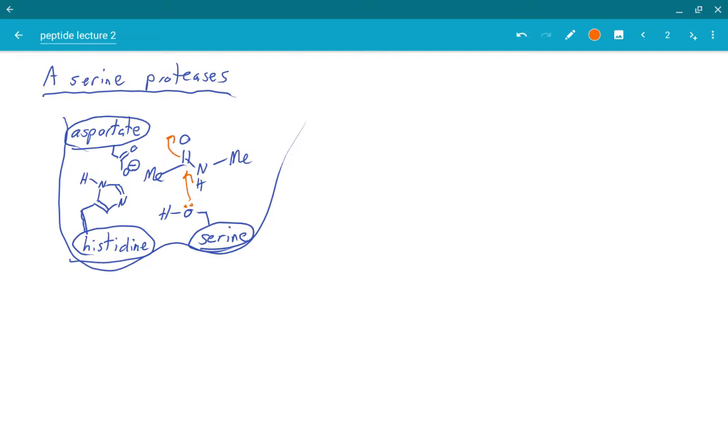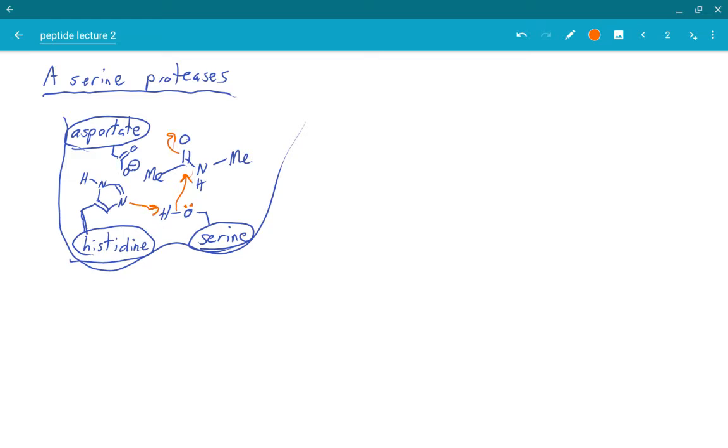That in and of itself is not enough. Serine's OH is a pretty lousy nucleophile, like alcohols and water. So I've got a Lewis base nearby that simultaneously deprotonates the serine at the same time that I'm adding it. And so maybe it would be better to draw this arrow coming from the OH bond.